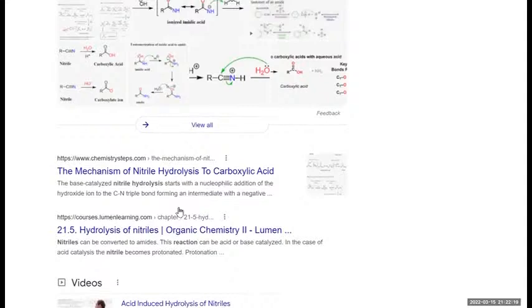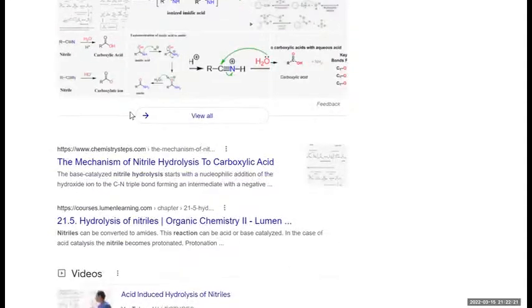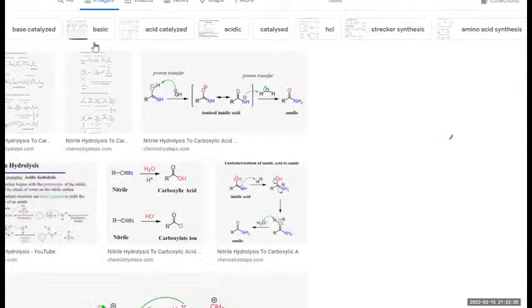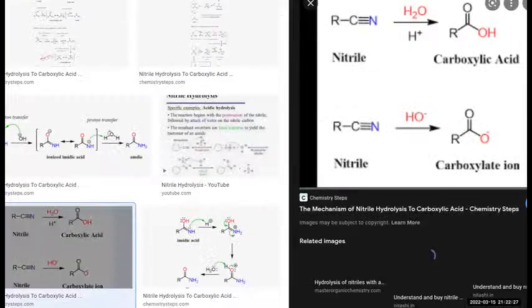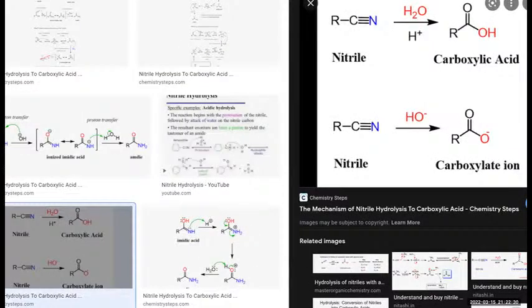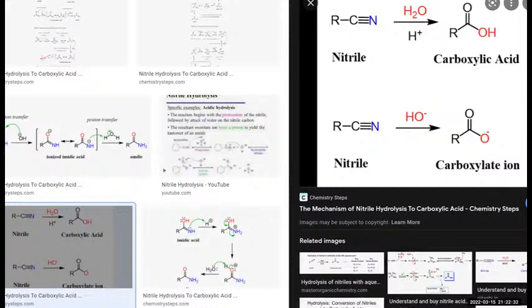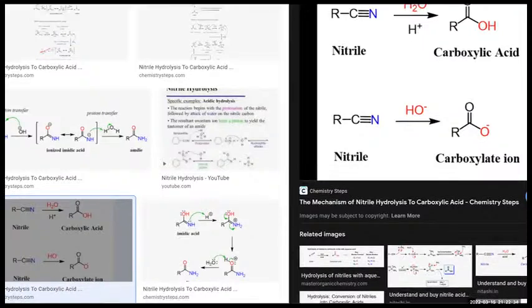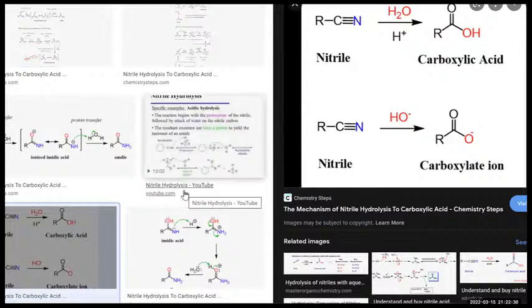That's the mechanism, one second. Maybe this is acid hydrolysis, alkaline hydrolysis, this one on this side. No, it's not given in that either. That's the full equation.